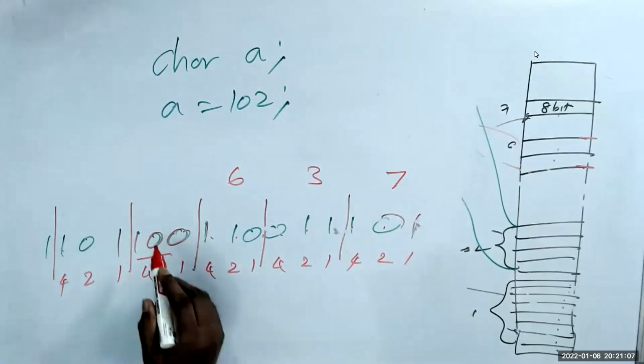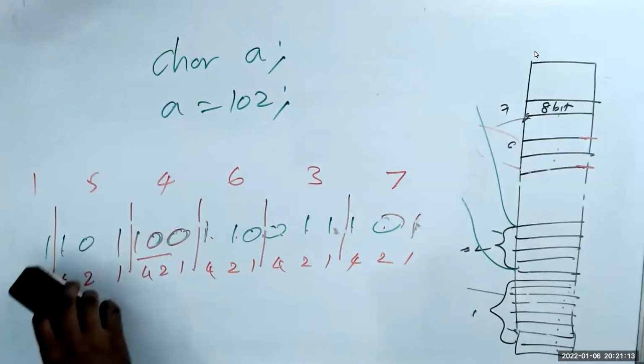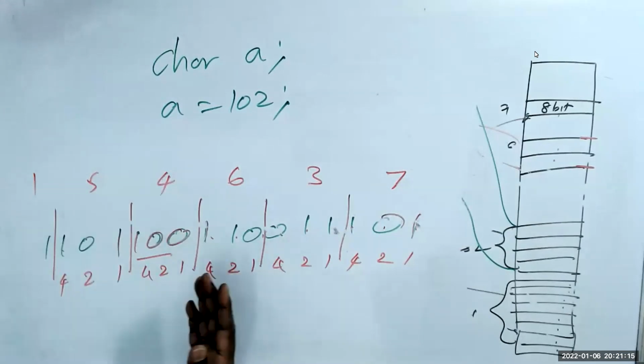So now I've written 4, 5, 1. See here, it has become very simple. I could convert it easily.